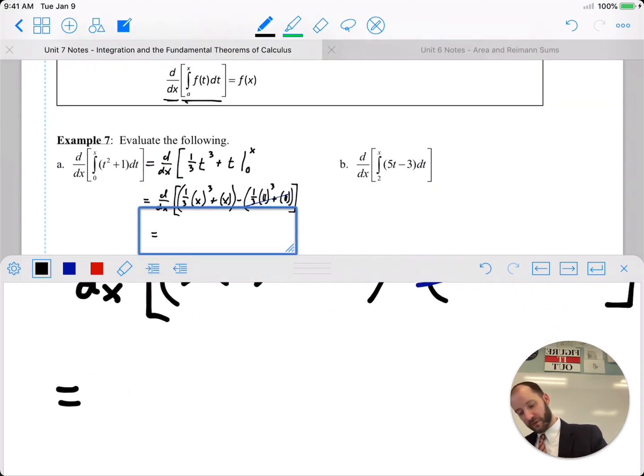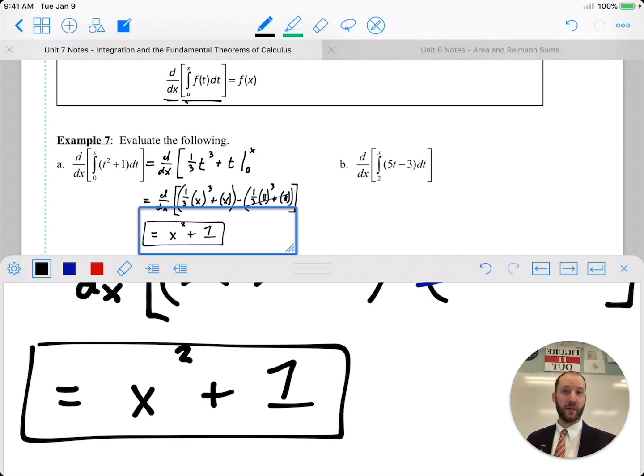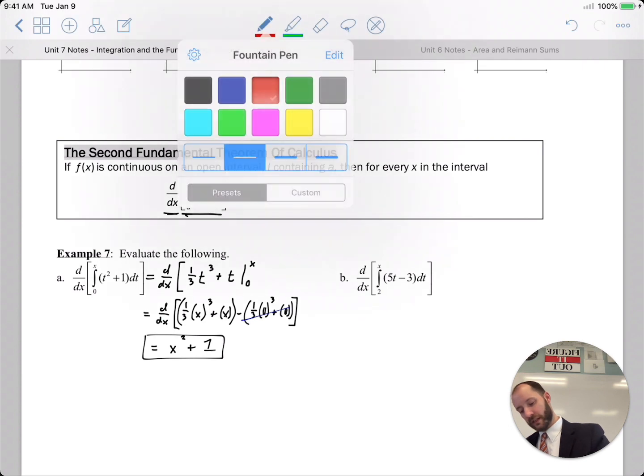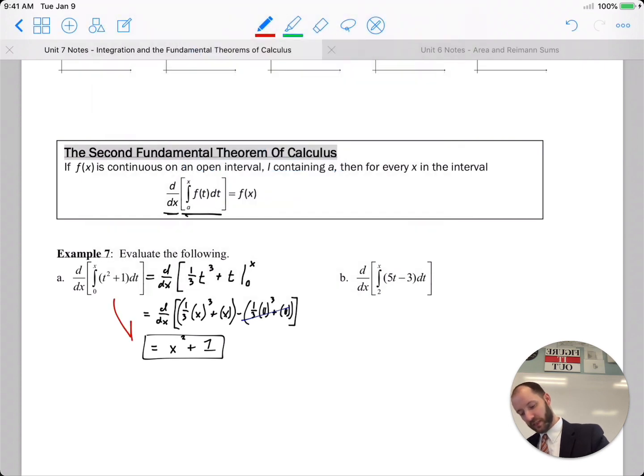The derivative of that is 1/3 times 3, just 1, so x squared plus derivative of x is 1. And hey, how nice, we got our original answer. See how the t's just got replaced with x's? So when you have the lower bound as a constant, and the upper bound as just x, it's a simple replacement.